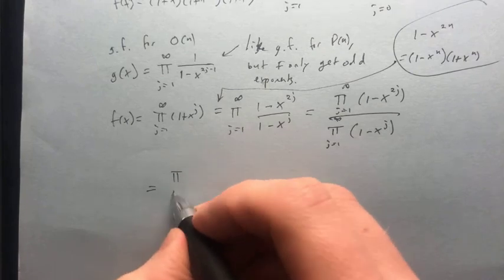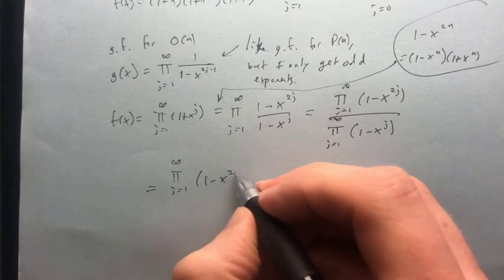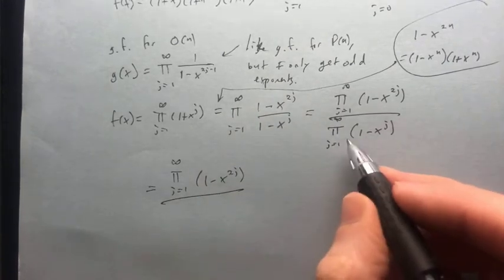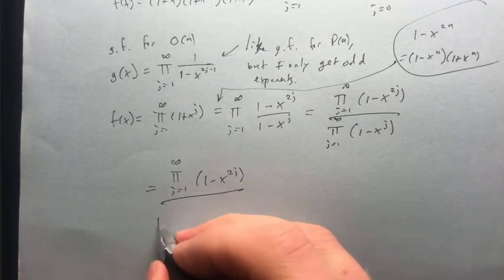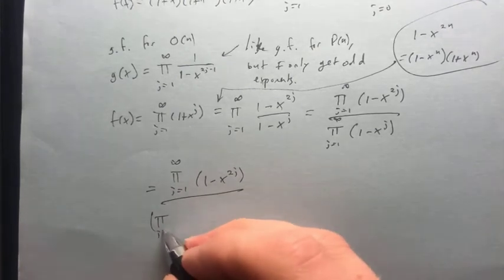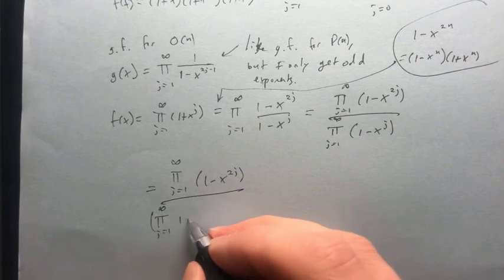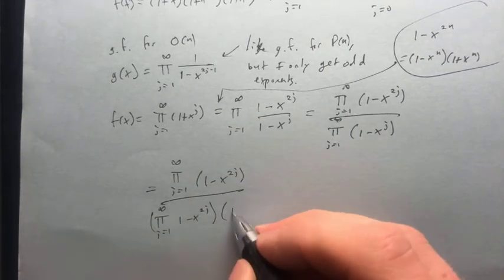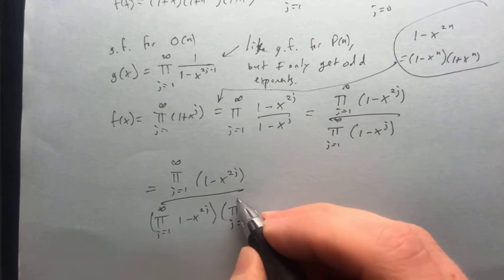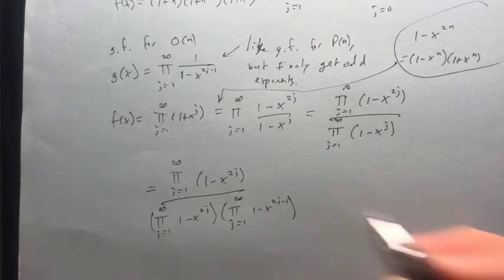Let's leave the top alone: product as j goes from 1 to infinity of 1 minus x to the 2j. And let's factor the bottom part into even parts and odd parts. So I'm going to write this as the product as j goes from 1 to infinity of 1 minus x to the 2j, these are going to be the even parts, times the product as j goes from 1 to infinity of 1 minus x to the 2j minus 1.